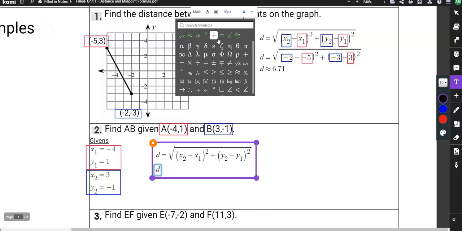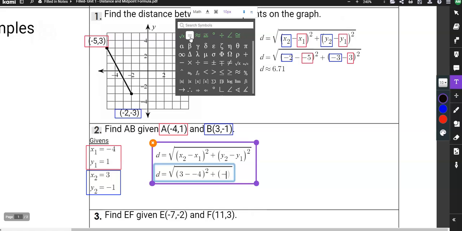So distance is equal to the square root of x sub 2, which is 3, minus x sub 1, which is -4, and we're going to square that. Add to that y2, which is -1, minus y1, which is 1.